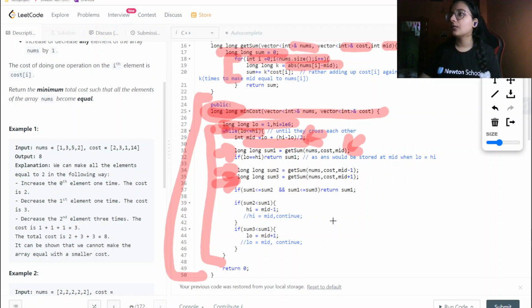So here's the k value, and here's the cost of i. Cost of i simply refers to the element corresponding to which that cost was there, and we are adding that to our sum, and at the end we are returning that sum.